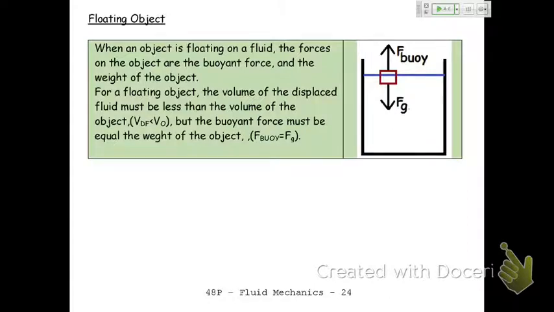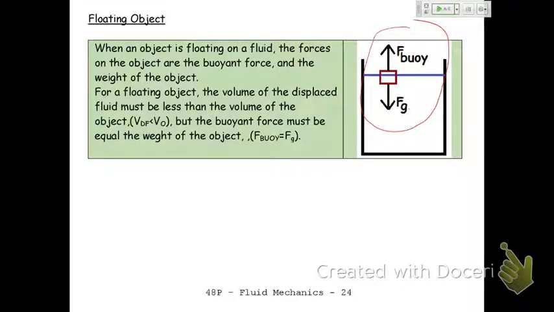You can push it away from equilibrium and it'll oscillate back towards equilibrium, but a floating object is in equilibrium. So the buoyant force must equal the weight, whereas when it was submerged it usually didn't.